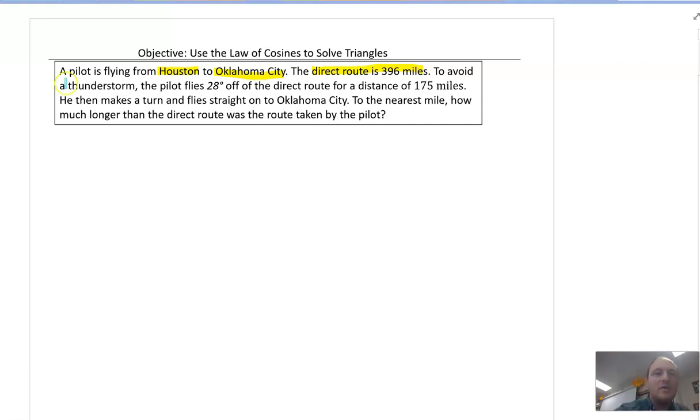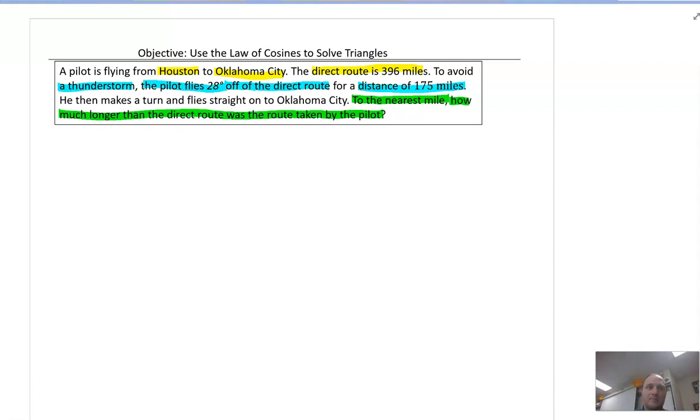So in order to avoid a thunderstorm, the pilot flies 28 degrees off of the direct route for a distance of 175 miles. He then makes a turn and flies straight on to Oklahoma City. To the nearest mile, how much longer than the direct route was the route taken by the pilot?